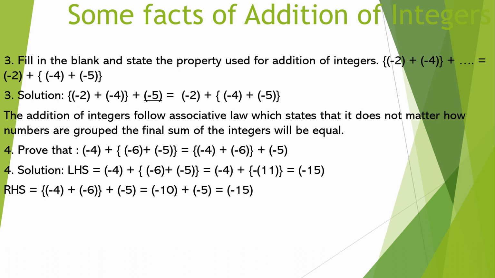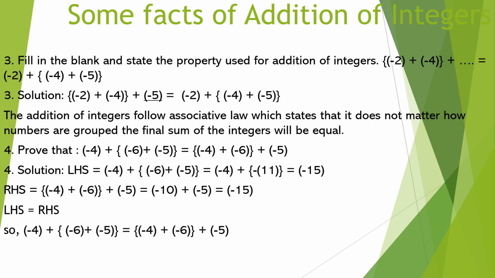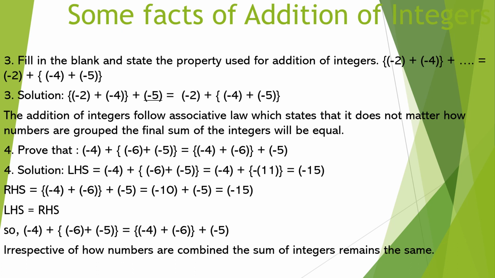Now seeing the right hand side, we have minus 10 plus minus 5 is equal to minus 15. In both the cases, the result is the same. Left hand side is equal to right hand side. So both sides are equal. Irrespective of how numbers are combined, the sum of integers remains the same.